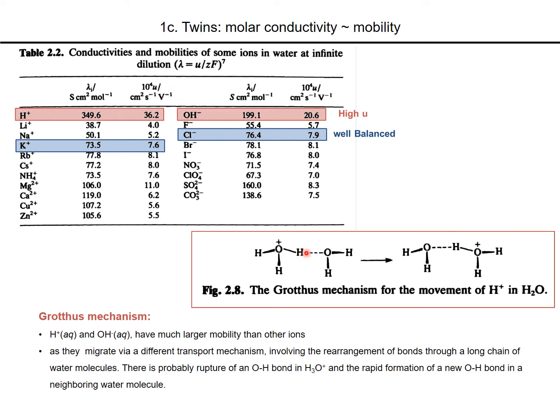Then the proton is moving from the first molecule to the second molecule. Let me read this sentence. There is probably rupture of an OH bond in H3O plus here, and the rapid formation of a new OH bond here in a neighboring water molecule. So that is the Grotthuss mechanism, and proton and hydroxyl ions are extraordinary when compared with the other ions in terms of mobility or molar conductivity.